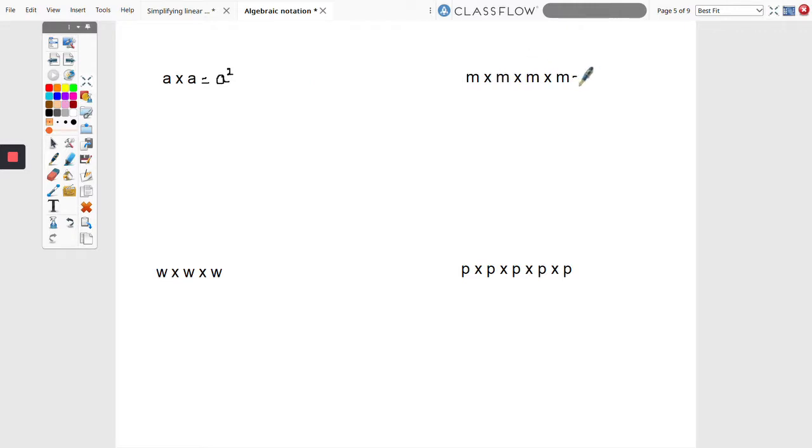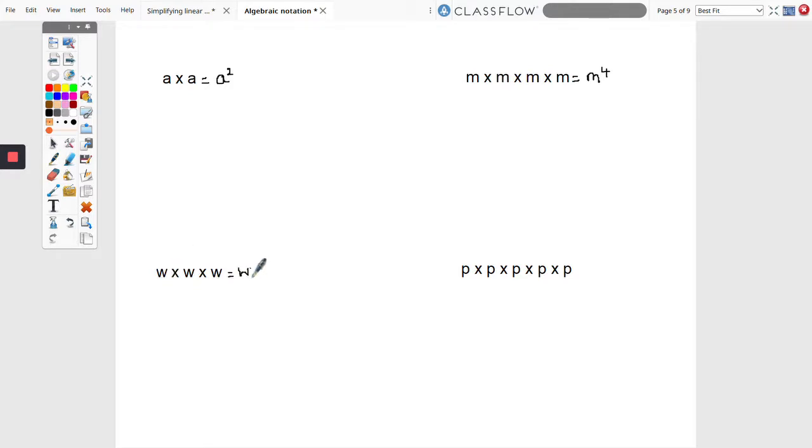I'm going to do the same thing with these m's. So I've got m times m times m times m. So I have 1, 2, 3, 4 m's. So that will give me m to the power of 4. And the same with these w's. So I have 1, 2, 3 w's.